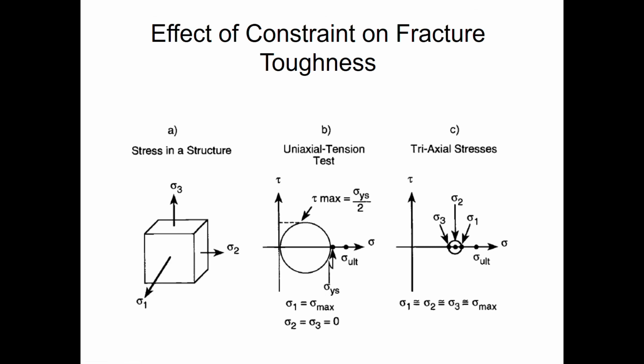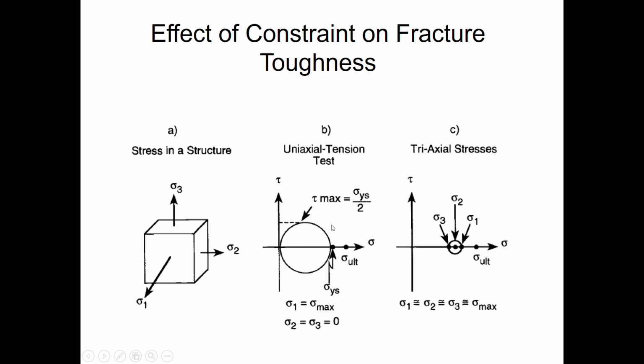Okay, the effect of constraint on fracture toughness. If you see here the stress in the structure, I would say that if I have a triaxial direction, sigma 1, sigma 2, and sigma 3. For the uniaxial tensile test, case B, I have tau max, the measurement for the shear, equal to sigma yield stress divided by 2. I will get this plot, and then I have the ultimate stress here and the yield stress here.